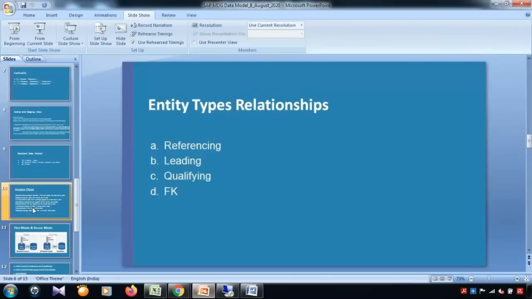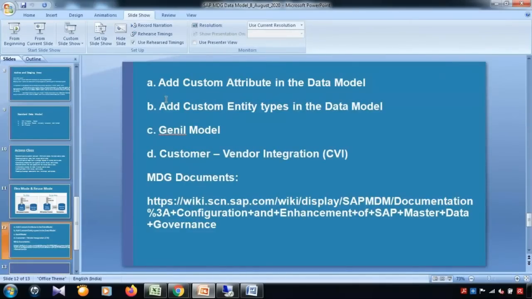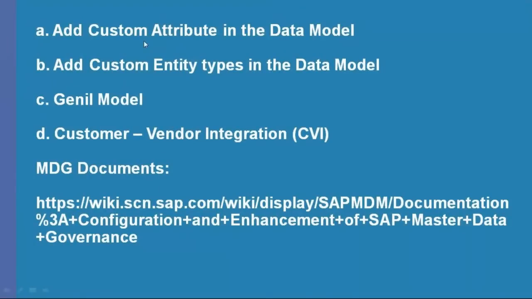So this will basically cover the custom attribute in the data model and add custom entity types in the data model, which is followed by the general model and then the CVI, customer vendor integration. Anyway, this will be part of your enhancement topic.